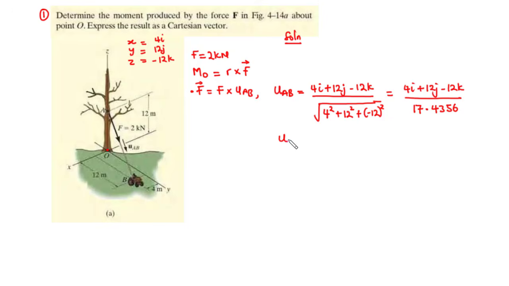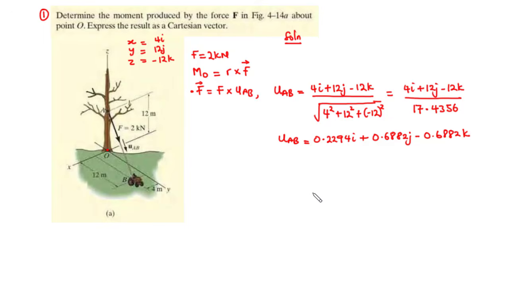Now let's further simplify. We have UAB equal to 4 divided by 17.4356, which gives 0.2294i, plus 12 divided by 17.4356, which gives 0.6882j, and then minus the same value, 0.6882k.